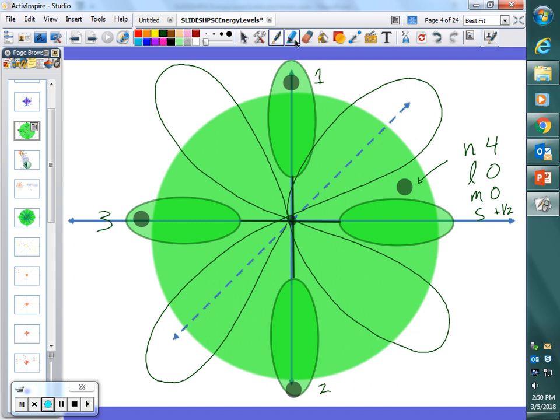And electron number 4 is right here. I'll call this one our example. Work with the people around you. Come up with a set of quantum numbers for these 4 electrons. I will slowly start putting answers up on the board as you're working on it.